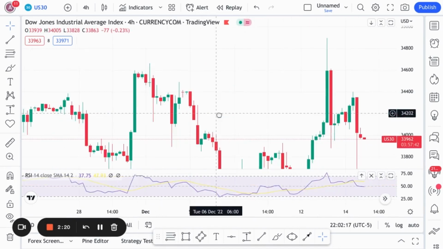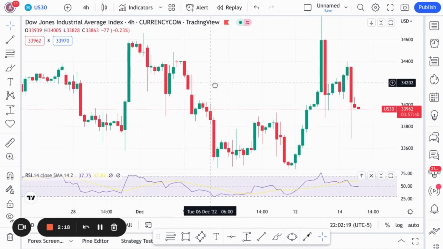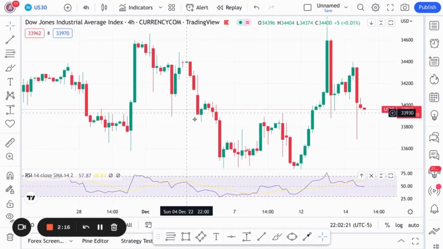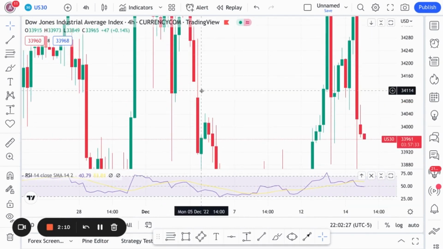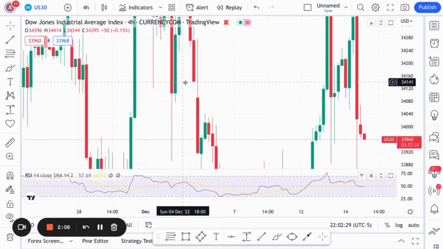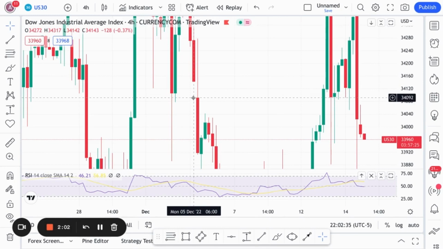And to me, a gap is not completely filled until the body of the candle fills it. For example, this gap here, you can see that this candle closed here, but then the next candle gapped down and opened here, right?